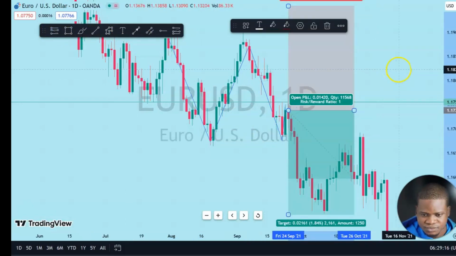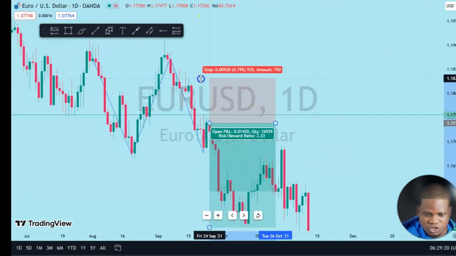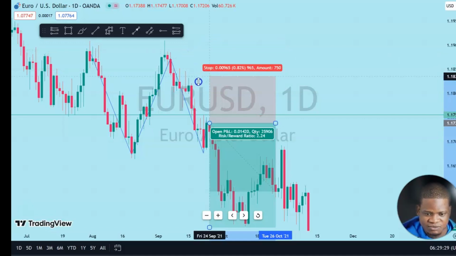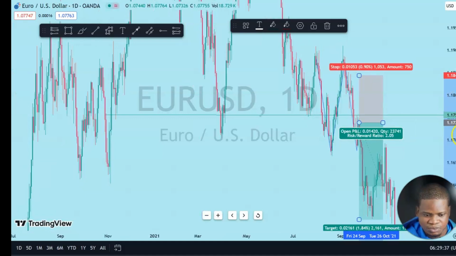If you enter here, this is going to be your stop loss area, because this is an area of resistance, an area of value on your chart where the market has always come and respected several times. You put your stop loss somewhere around it, not exactly at that exact point.